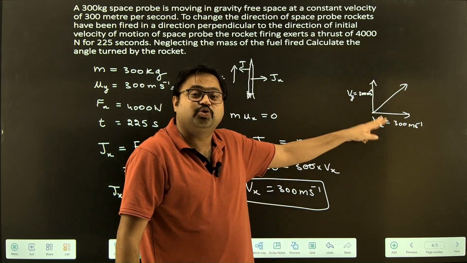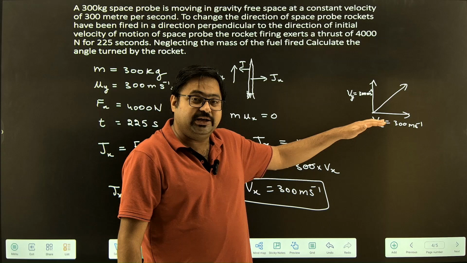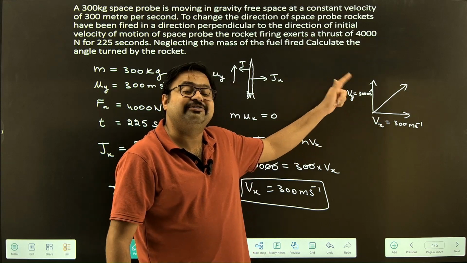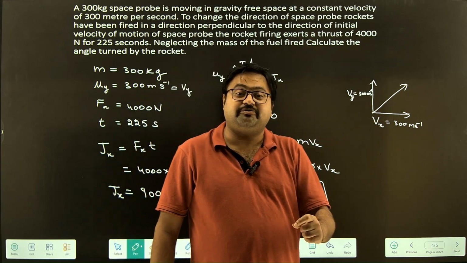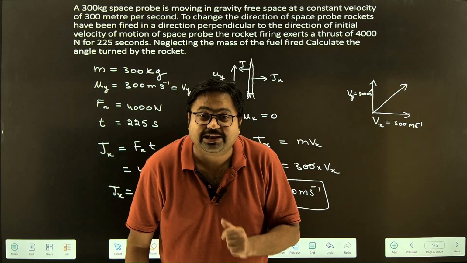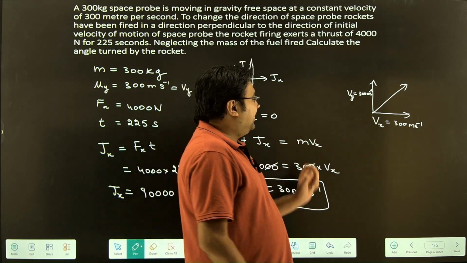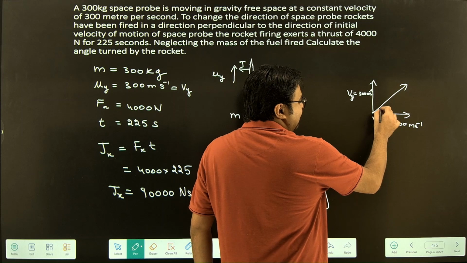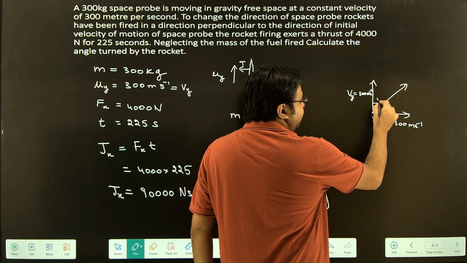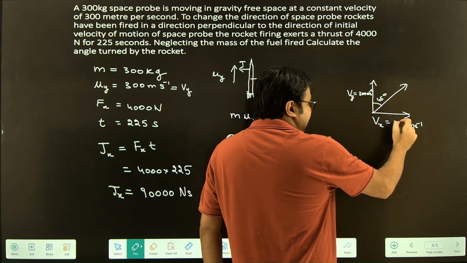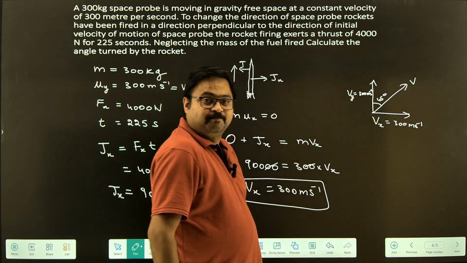Whenever you have two vectors which are equal in magnitude but act at different directions, the resultant vector always will be an angle bisector. So the angle bisector would simply mean that this angle is 45 degree. The resultant velocity is v.